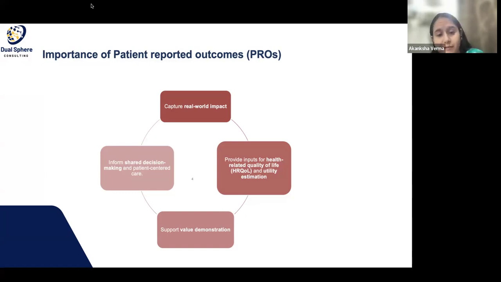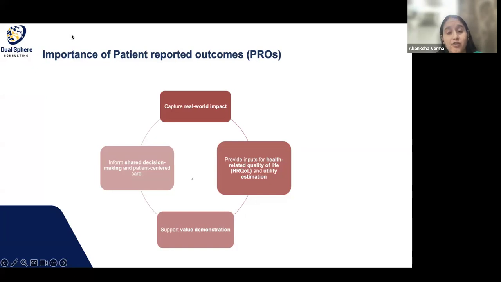Then it also supports the value demonstration. As I told you, in regulatory submissions you provide information about how the new treatment is actually providing value. Is it just providing symptomatic relief, or is it actually increasing the quality of life?